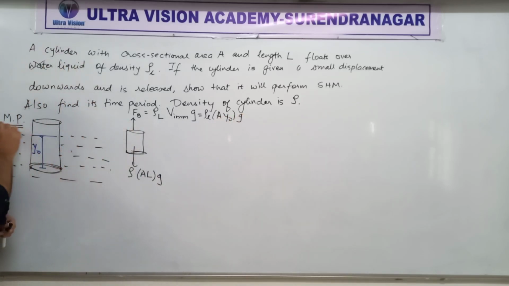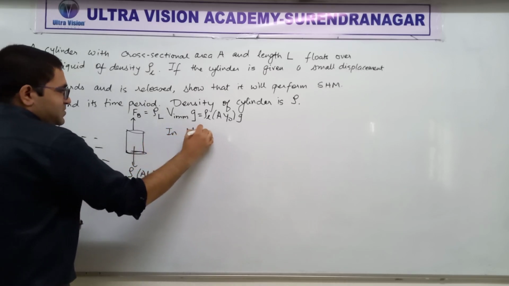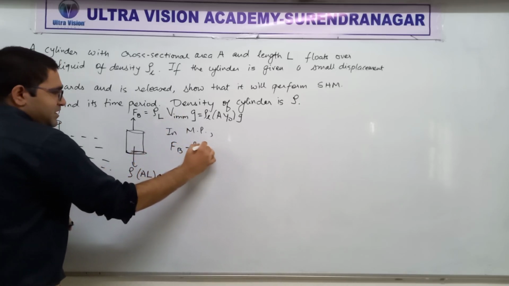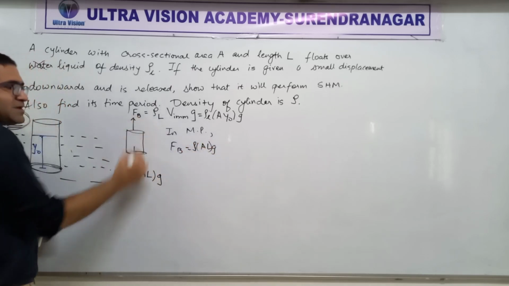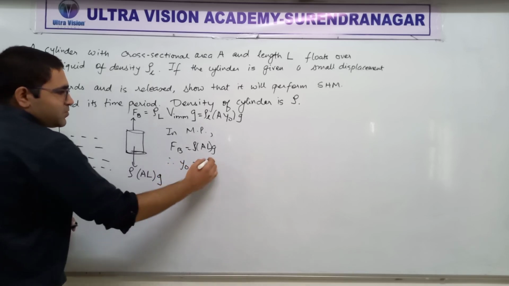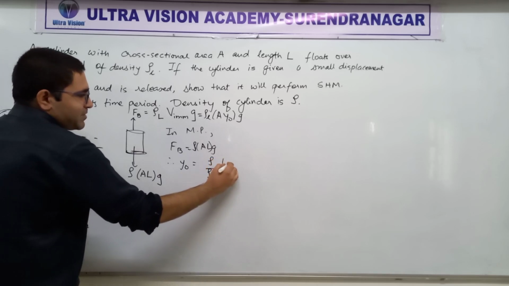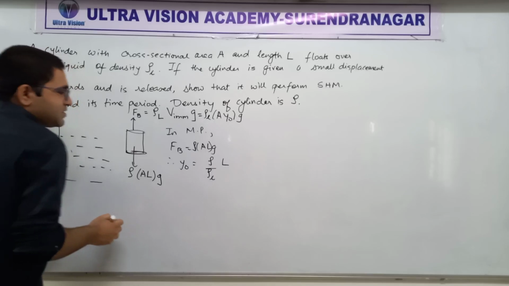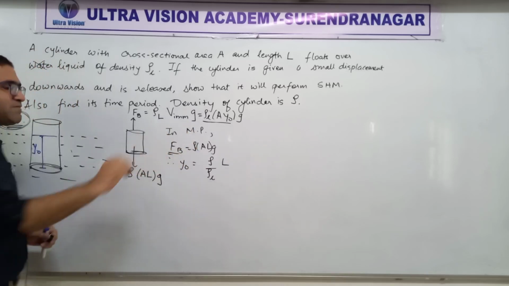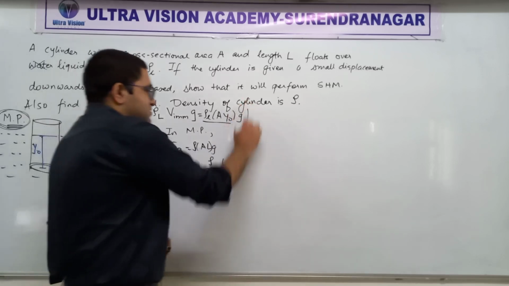Remember we did this calculation for mean position, so that clearly means that in mean position these two forces are equal, Fb and mg, total force zero. So we can say y0 will be equal to rho upon rho L into capital L, by putting Fb's value here and simplifying. I have skipped the math step; I just did it in my mind.